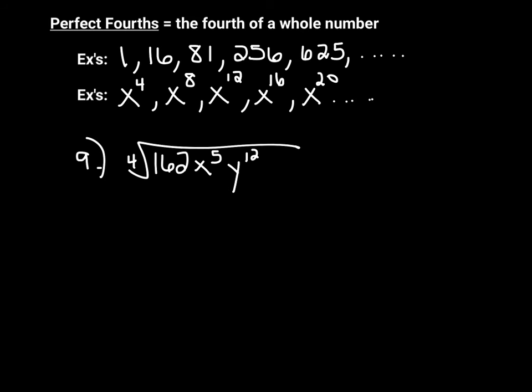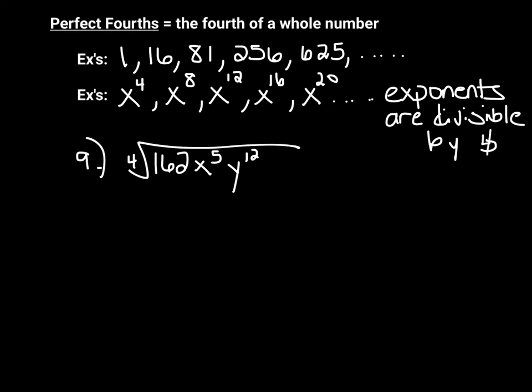If you want to put a note here, just like we did for the other ones, the exponents are divisible by 4. And we're not going to do any more than this, but if you did perfect fifths, the exponents would be divisible by 5. Perfect sixths, the exponents would be divisible by 6, and so on.